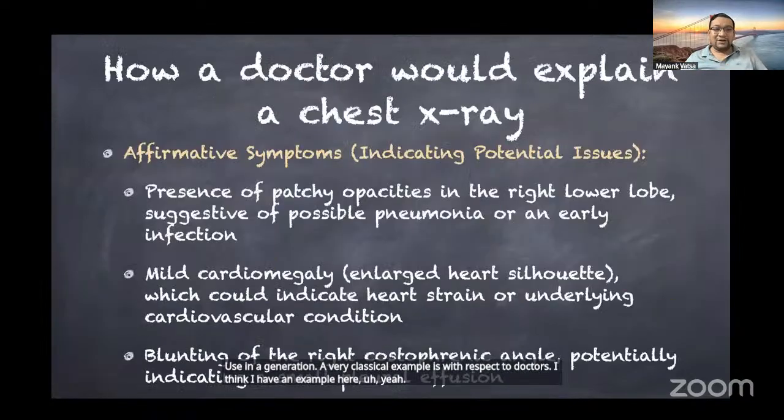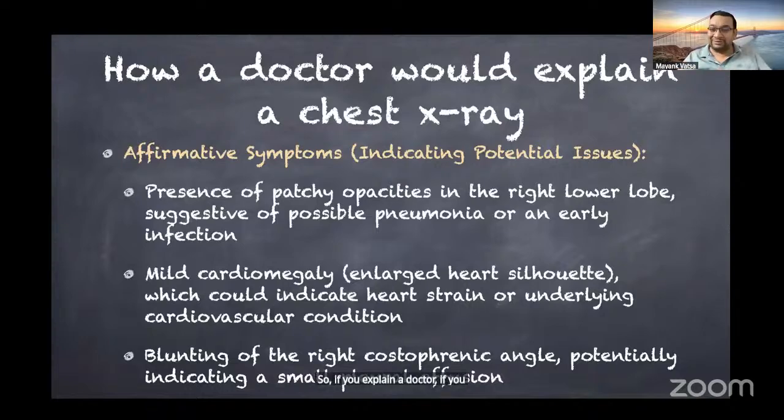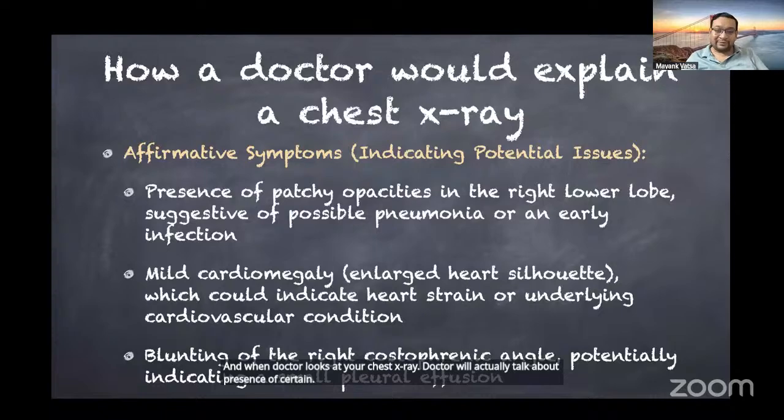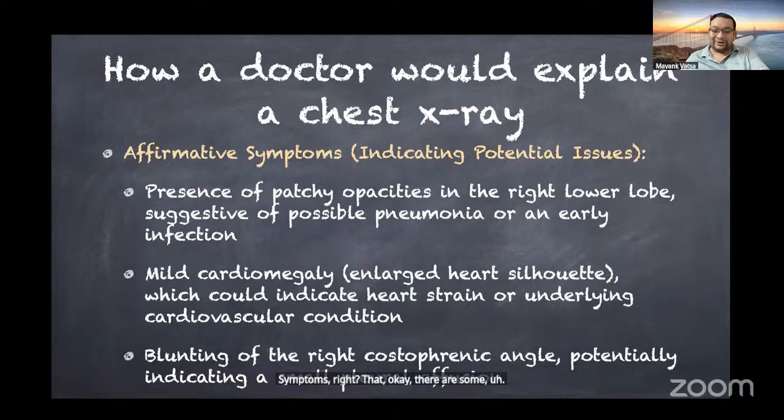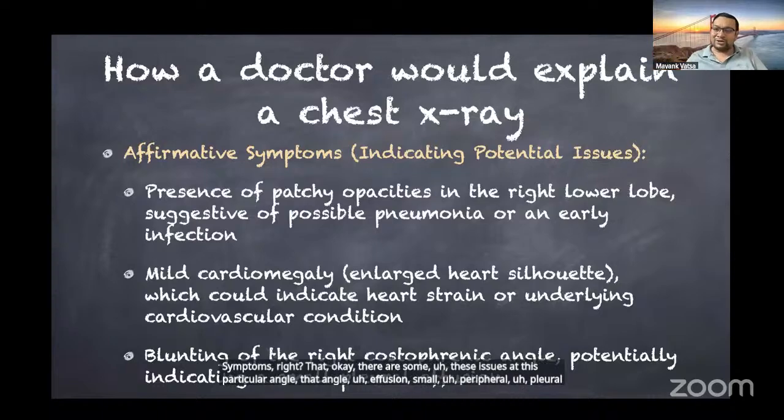Yeah. So if you ask a doctor to explain the symptoms, and the doctor looks at your chest X-ray, the doctor will talk about the presence of certain symptoms, right? That okay, there are some issues at this particular angle, small peripheral pleural effusion, and so on and so forth. The doctor will talk about certain symptoms that he or she would see.